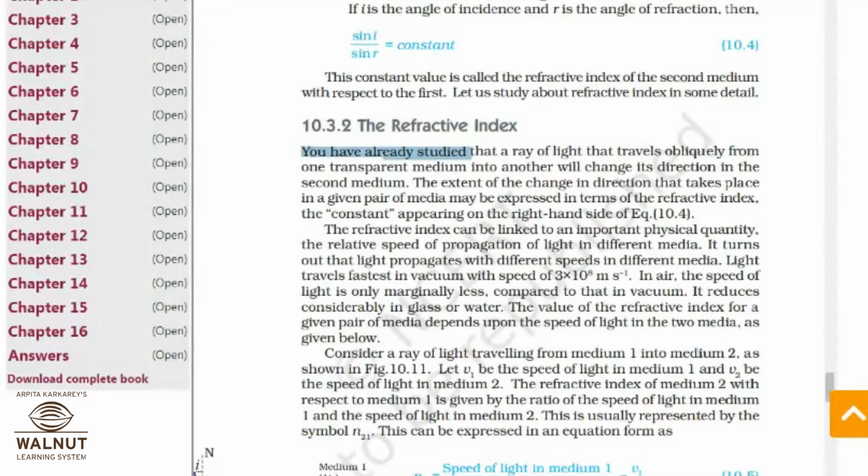We have already studied that a ray of light that travels obliquely from one transparent medium to another will change its direction. Isn't it? Just now I explained the change in the path of the light rays when they travel from one transparent medium to another. The extent of the change in direction that takes place in a given pair of media may be expressed in terms of refractive index.